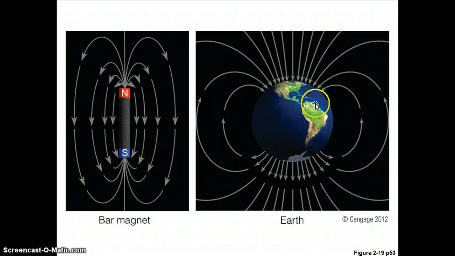And the pattern of these magnetic field lines looks very similar to what we'd see on a bar magnet with polar opposite ends. It doesn't matter in this particular case that the bar magnet is going in the opposite direction of the Earth. What we want you to take away here is the uniform distribution of the magnetic field lines when they are undisturbed by anything from space.